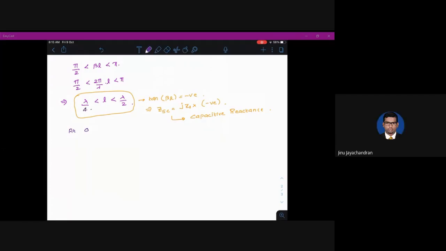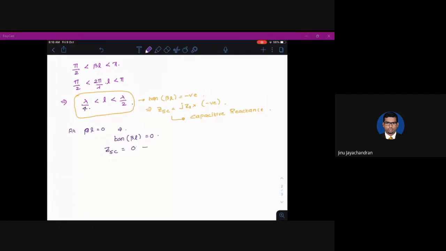So this is lambda by 4. Fine. At beta L equal to 0, tan of beta L is equal to 0, or Z_SC is equal to 0.